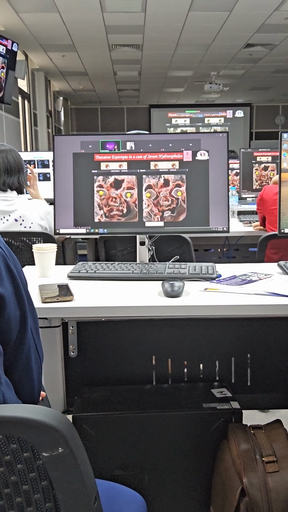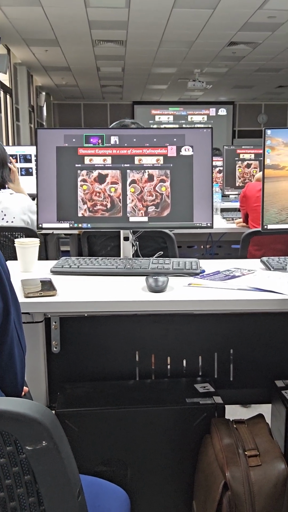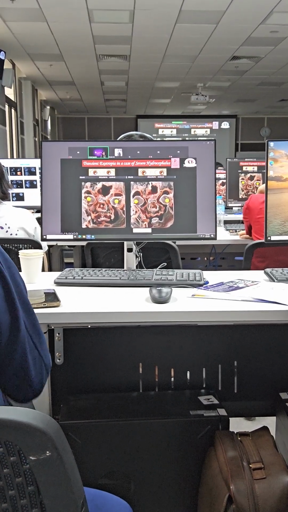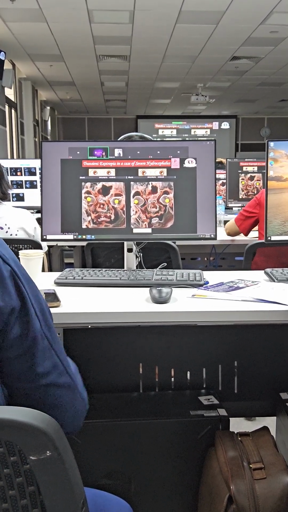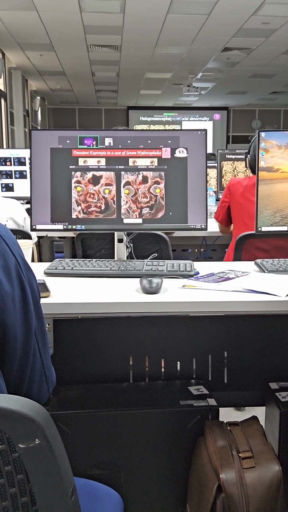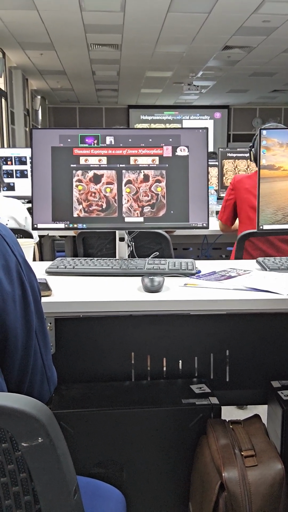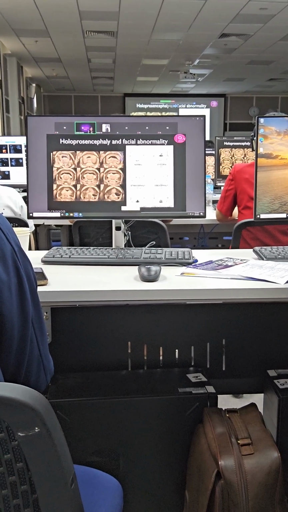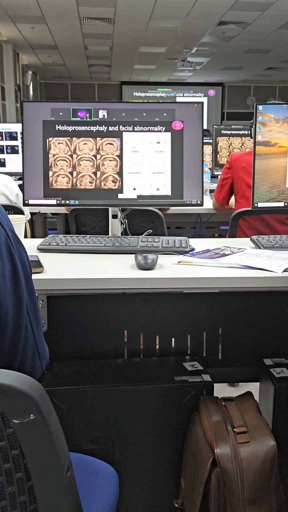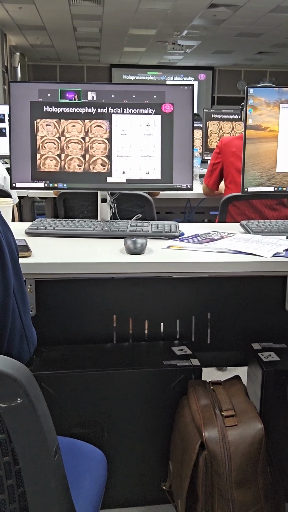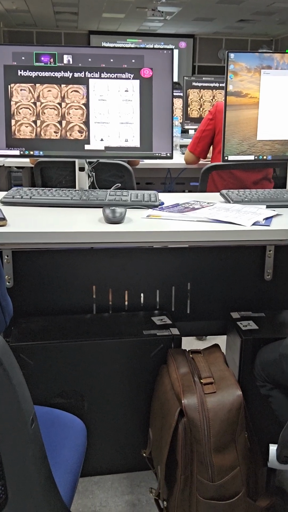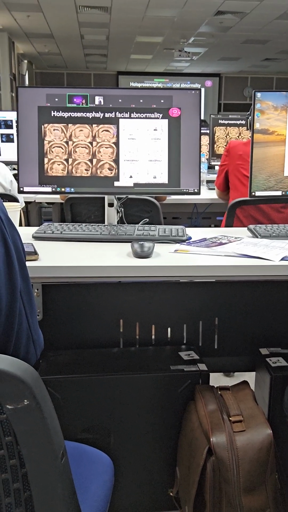The bilateral eye, the lens location is lateral, and then here this is the holoprosencephaly, and maybe many of you are aware that holoprosencephaly has a facial abnormality.